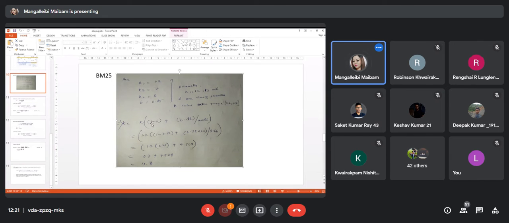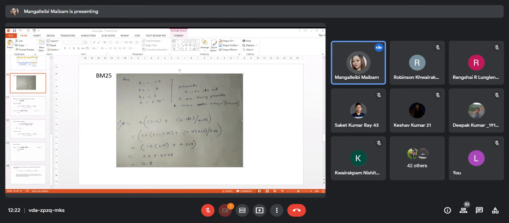What I have done is multiply the K1 factor only with the first term. So this 4.8 will be wrong. That's why I have already asked you to change the calculation.